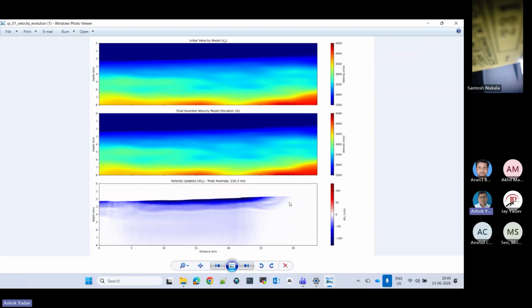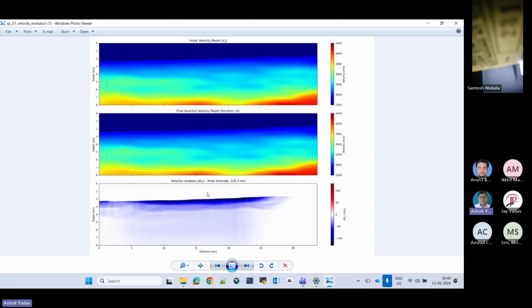Can you see my screen, sir, now? This was when I could fix the water bottom problem. Earlier, the updates were mostly limited to the water column because it finds the gradient strong over there, so it starts updating the water column, and I could fix it. You can see in the figure at the bottom the change in the velocity.